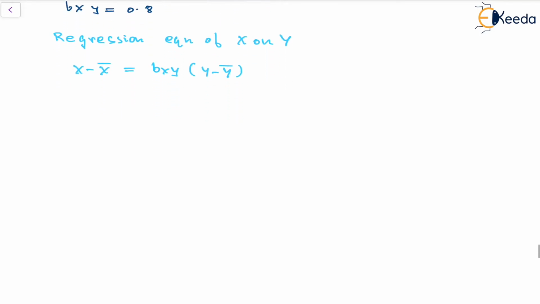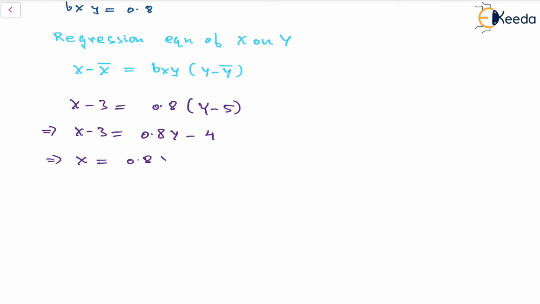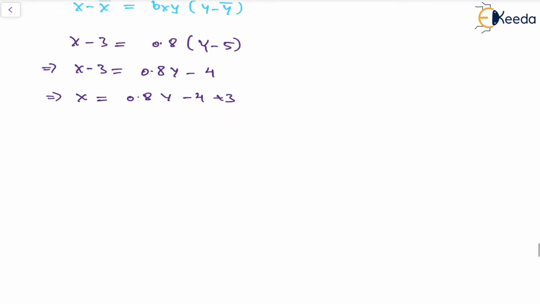This will become x minus 3 equal to 0.8 times y minus 5, and this gives x minus 3 equal to 0.8 times y minus 4, and therefore x becomes 0.8y minus 4 plus 3, and this is x equal to 0.8y minus 1.